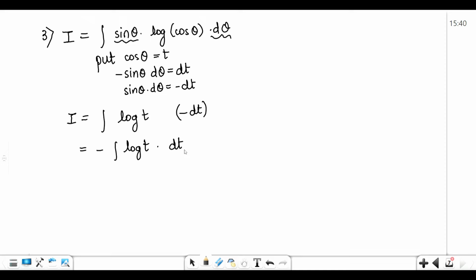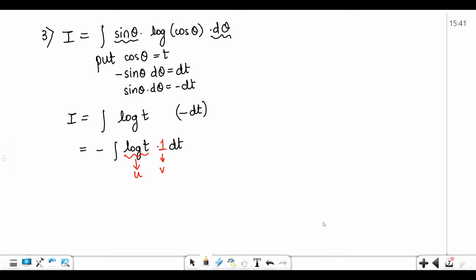Okay, now we have the integration of log dt. But if you can remember the second rule that I've told you, that whenever it is been given with the log as well as the inverse and the second function is not given, so in that case you have to consider the second function as 1, v, and take this function as u.